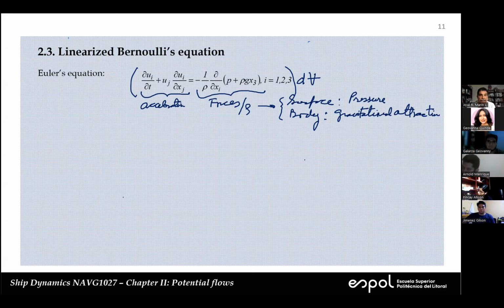So pressure, gravitational attraction. And you see that the gravitational attraction works in the third direction. This is X, and we call it direction 1. This is Y, direction 2, and this is Z, direction 3.